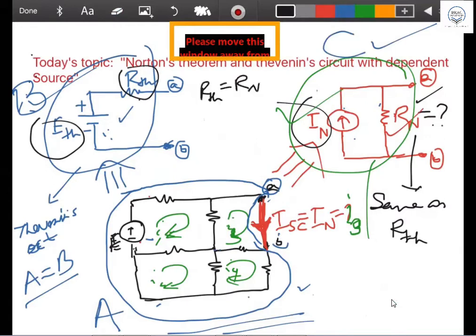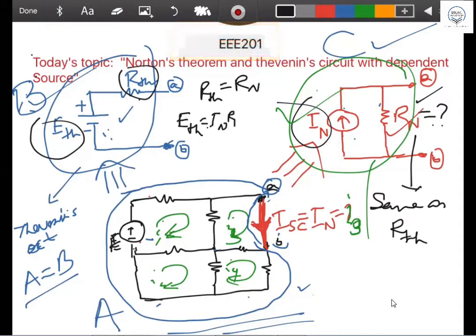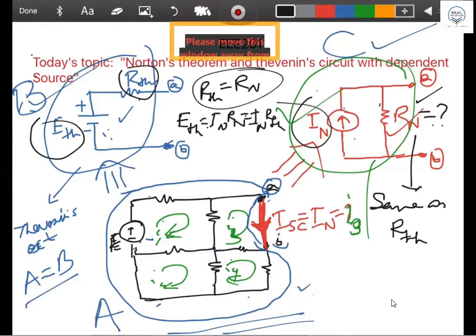Okay, and E Thevenin will be what? E Thevenin is equal to I Norton times R Norton. And also I Norton times R Thevenin, because R Norton and R Thevenin are the same, so you can substitute. Got it now?